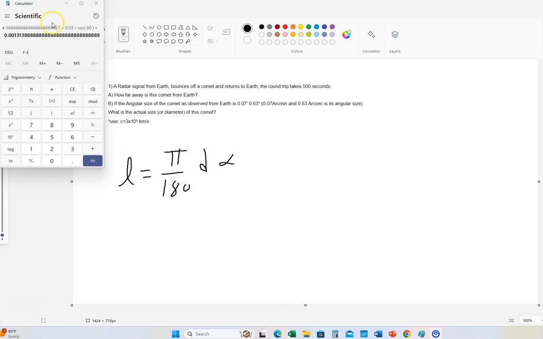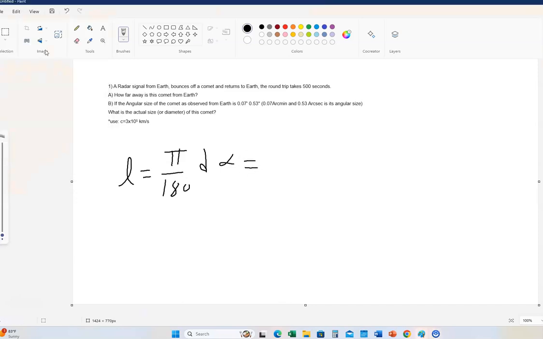Notice in the calculator, we just figured out the angular size. It has to be in degrees. In the problem, it was originally given to us in a combination of arc minutes and arc seconds, and we converted that to degrees. Now we put the numbers in, and we already found what D is. Remember, D was 7.5 times 10 to the 7th.